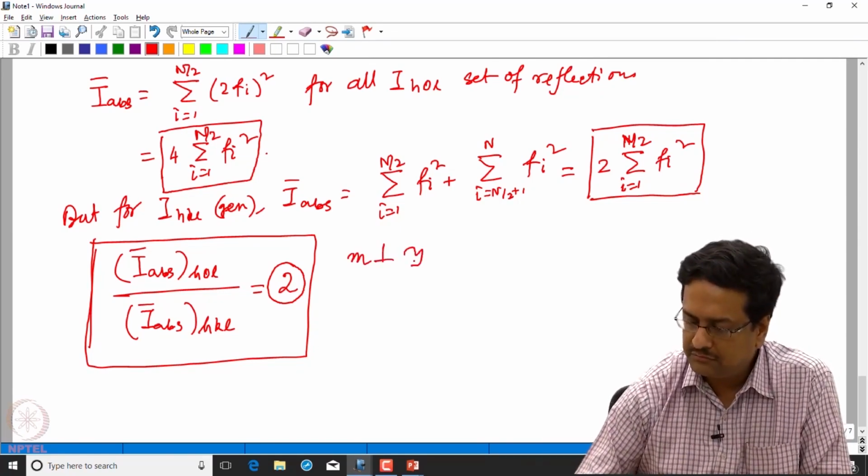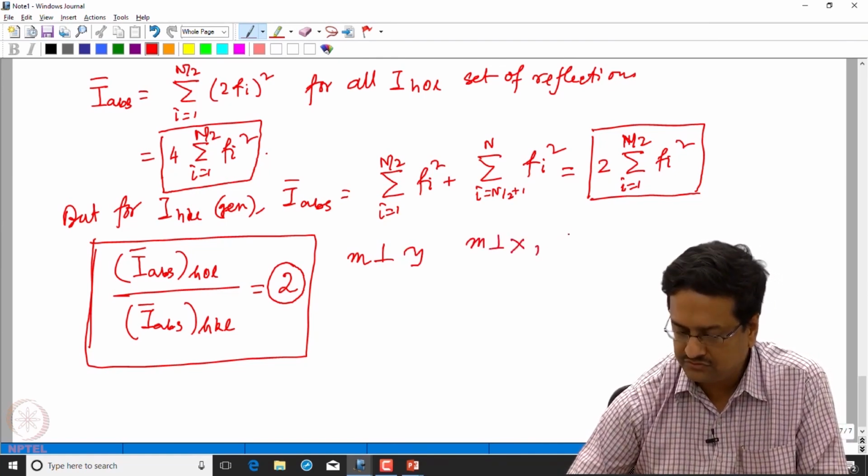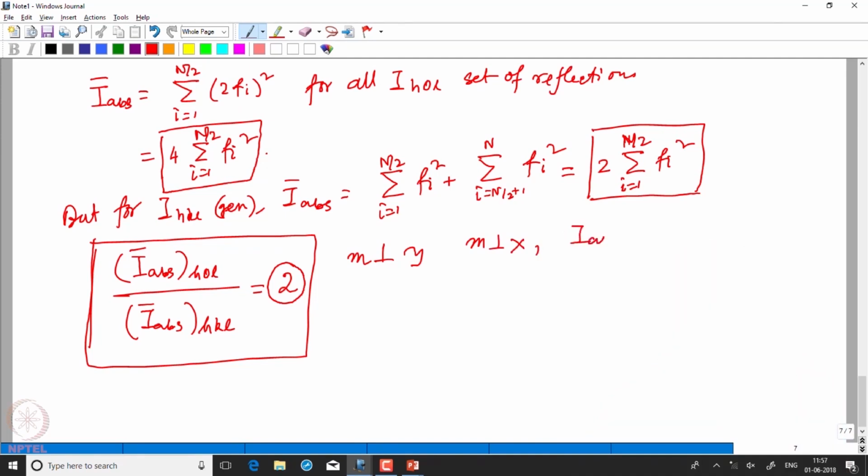For a mirror perpendicular to x, one should find the value of I abs for the 0KL set of reflections divided by I abs for HKL and see whether it is giving you the value 2.